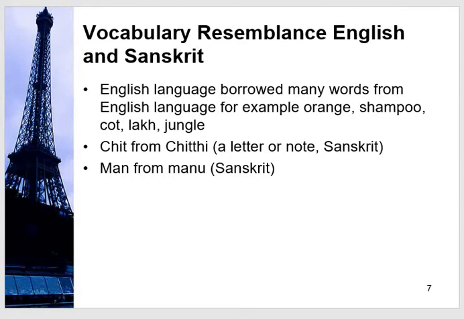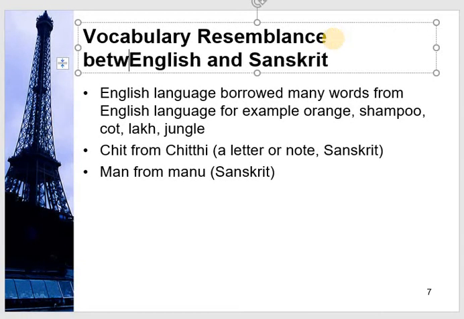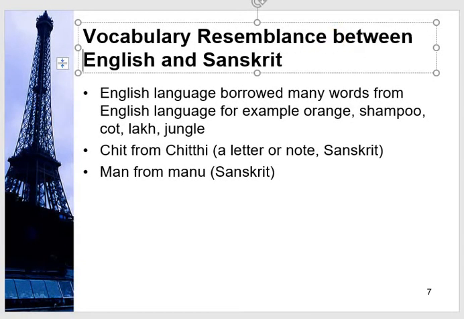Vocabulary resemblance between English and Sanskrit. The English language borrowed many words from Sanskrit. For example, orange, shampoo, court, lark, jungle, and there are many more. Chit, we are familiar with the word chit.